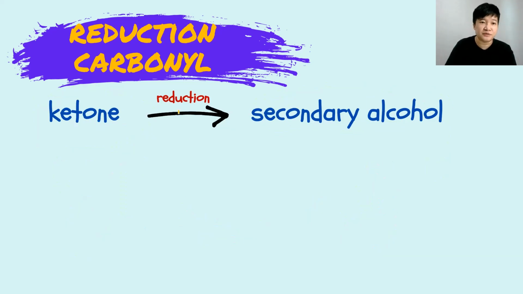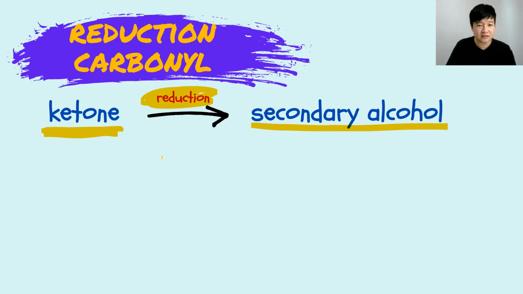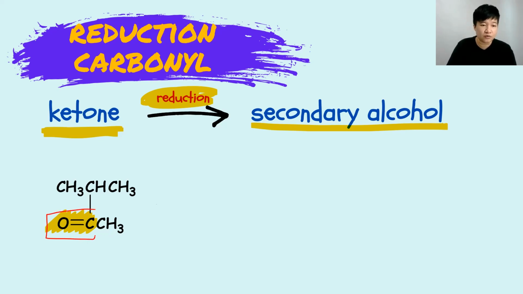Let's jump into ketone. It will be the same, but it's a ketone. So ketone will give you secondary alcohol when it undergoes reduction. Let's look at the example. It actually doesn't matter whether it's aldehyde or ketone because we still focus only on the carbon that is holding the double bond O. And when this ketone undergoes reduction, it will be the same because we only focus on this.